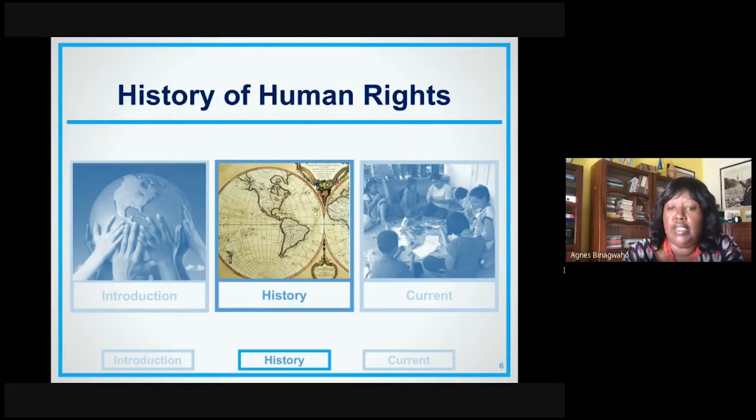The Universal Declaration of Human Rights represents an effort to reach out to our fellow humankind.